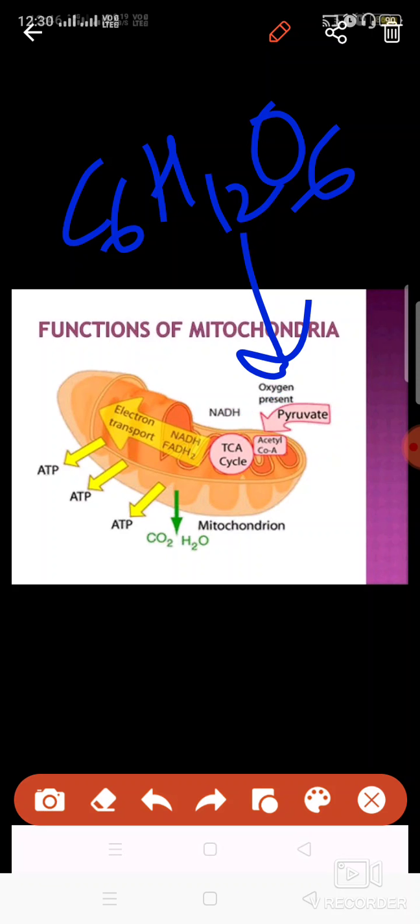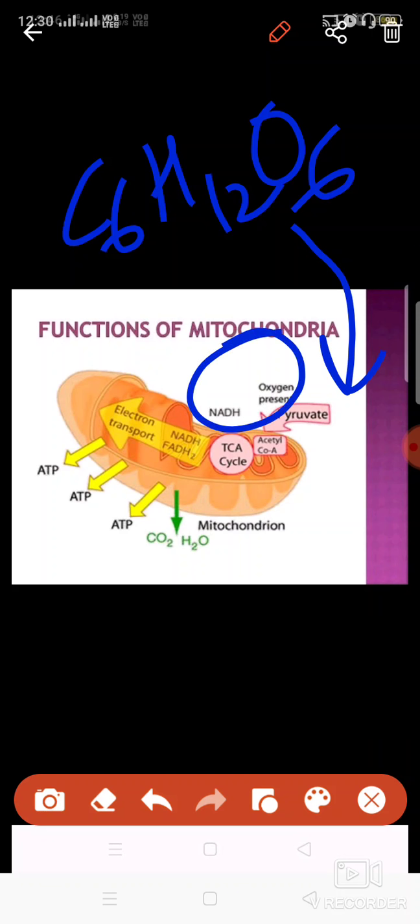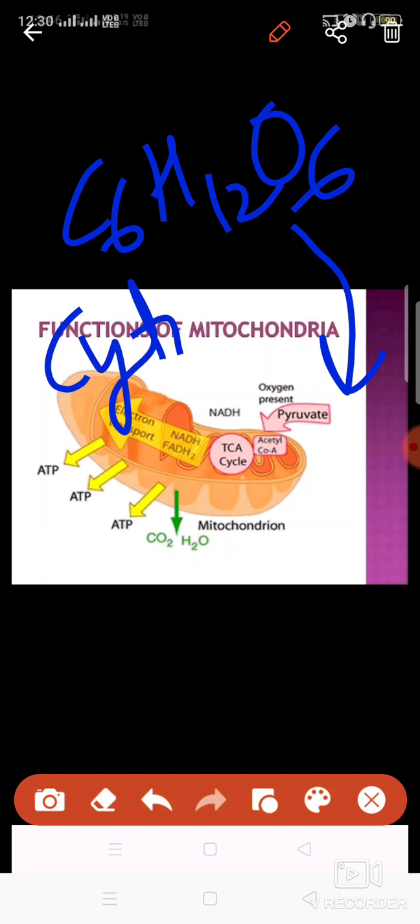Pyruvate is a kind of compound. So this glucose is converted into pyruvate in the presence of oxygen, and this reaction occurs in the cytoplasm. This we will discuss in detail in class 10th.